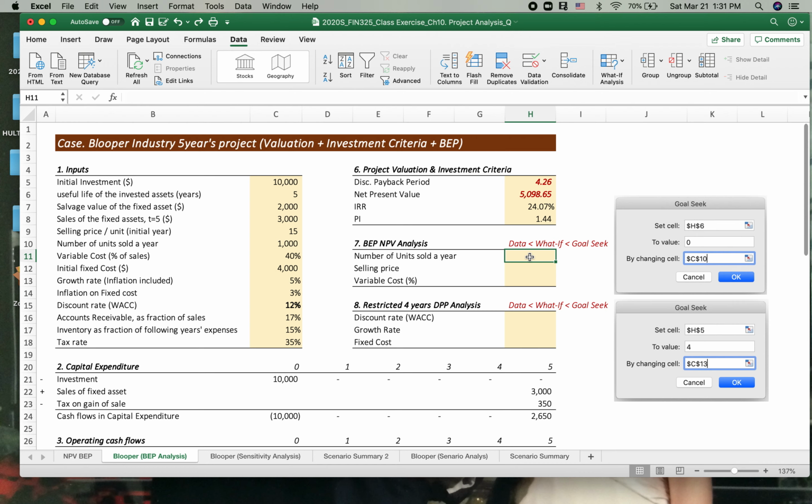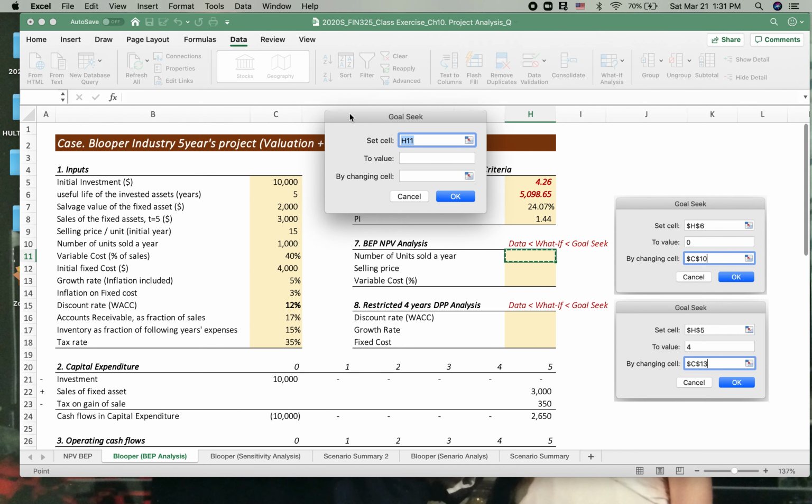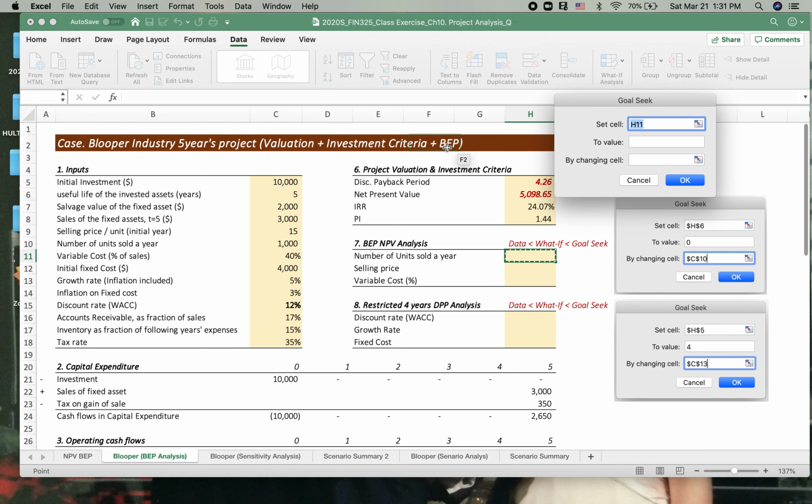So, number of units sold a year: Data, What-If Analysis, Goal Seek. Then in Goal Seek, we have to set up the cell for the objective. So H6, which is net present value, to value, which is the break-even point, the NPV profit of 0, by changing the cell, the number of units sold a year, 1,000.